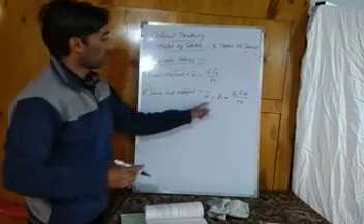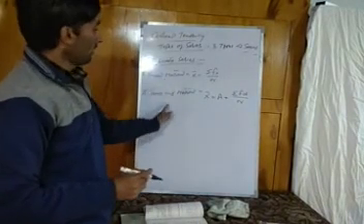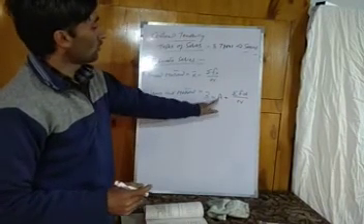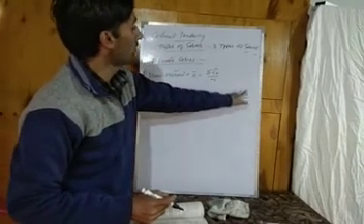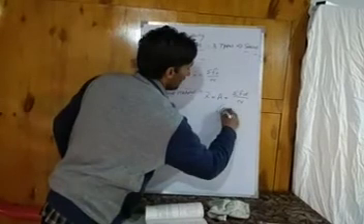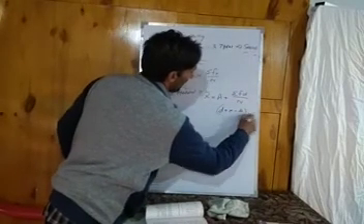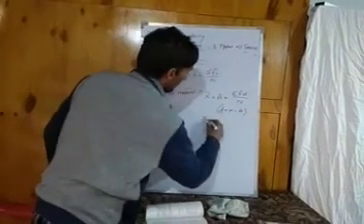This is the formula for calculating mean in discrete series. That is, x bar is equal to assumed mean plus summation fd divided by n. d is equal to x minus a. a is assumed mean.